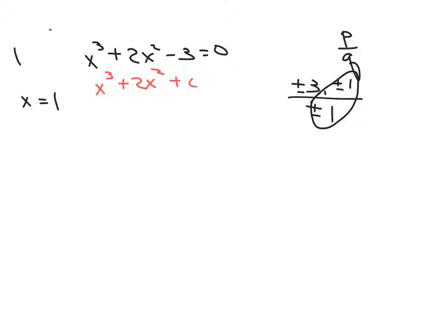I have to have an x there. I can't just go from x squared to 3. Okay, so now 1, 2, 0, negative 3. I've got to remember to do that. I almost didn't.